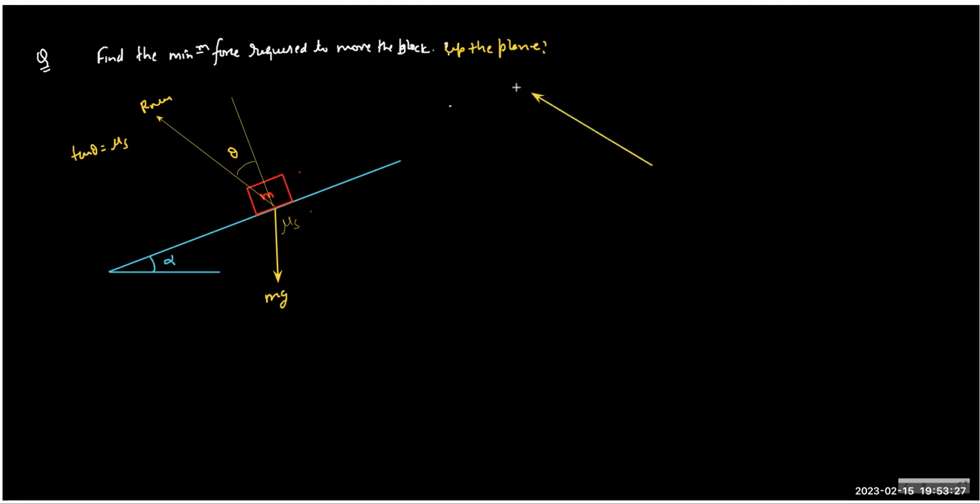So this is the R max, and this angle, if you remember, is always alpha, right?